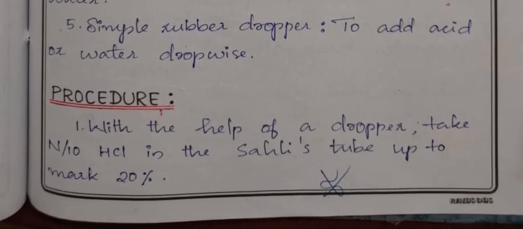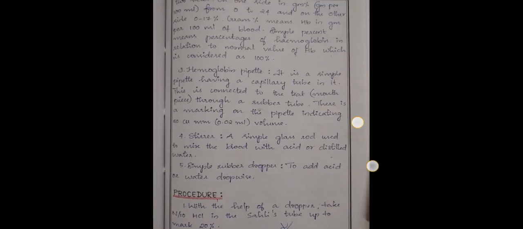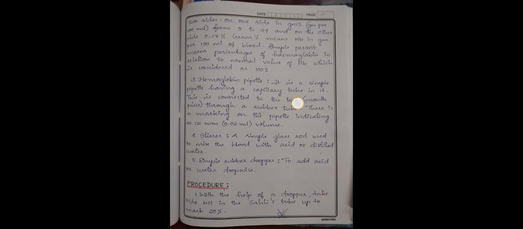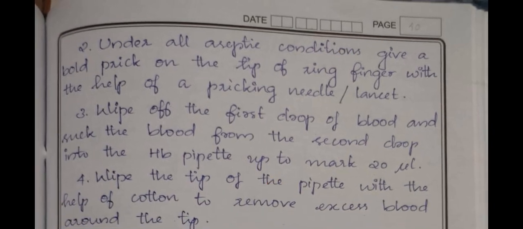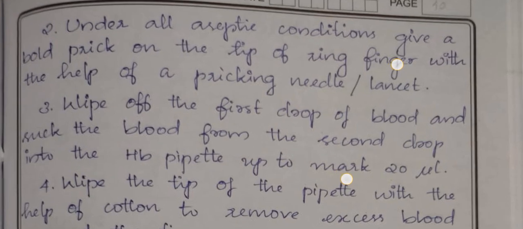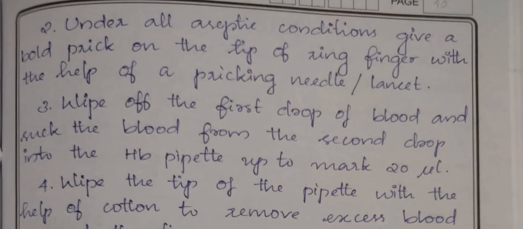Procedure: with the help of a dropper, take N by 10 HCl in the Sahli's tube up to the mark 20. Then under aseptic conditions, give a bold prick on the tip of the ring finger with the help of a pricking needle or lancet.